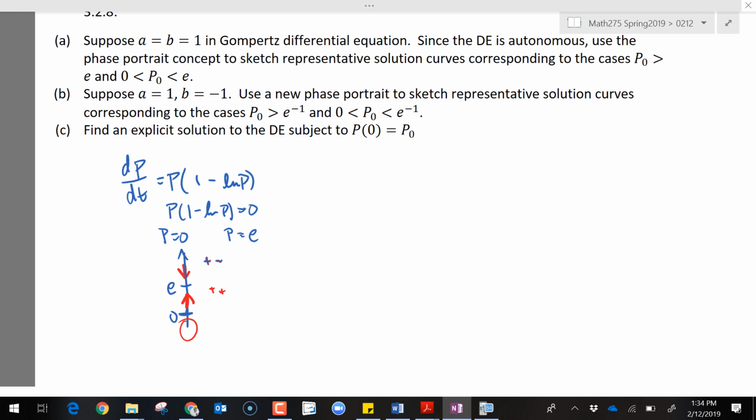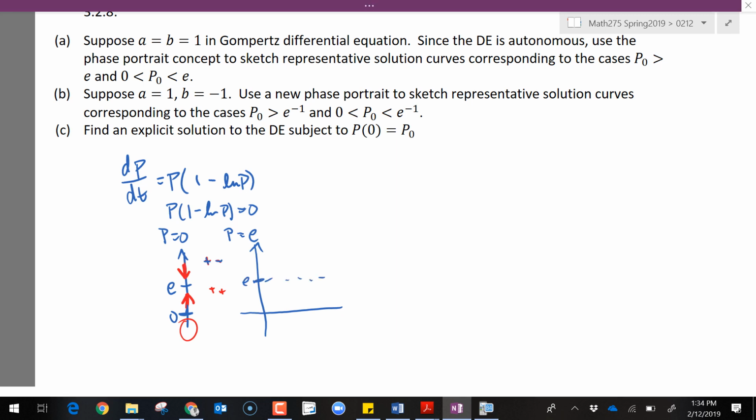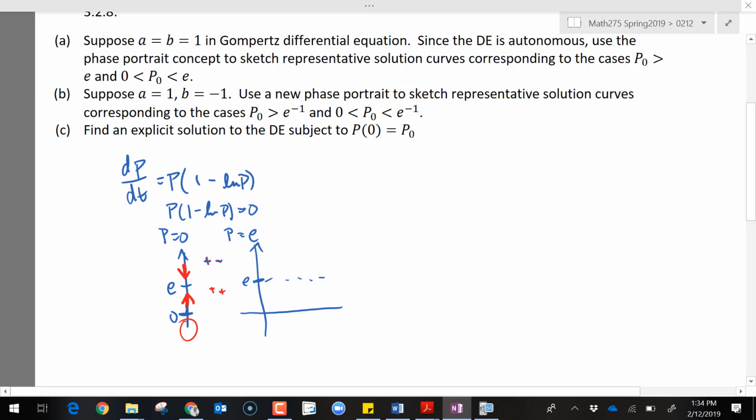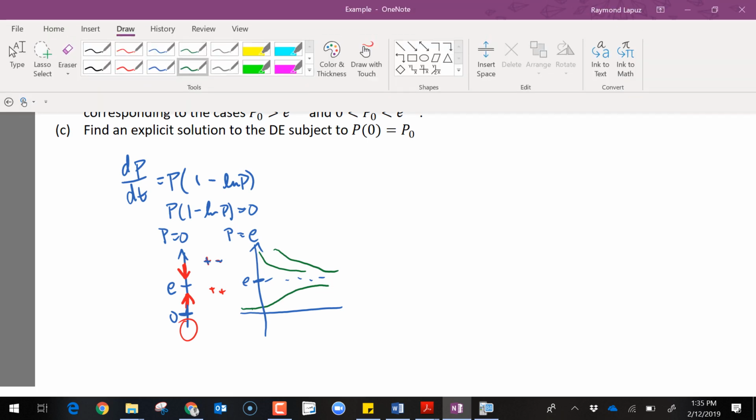So that's the phase portrait, and if we were to try to draw graphs, our graphs would look something like that.